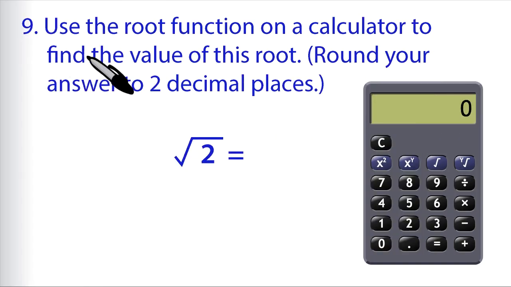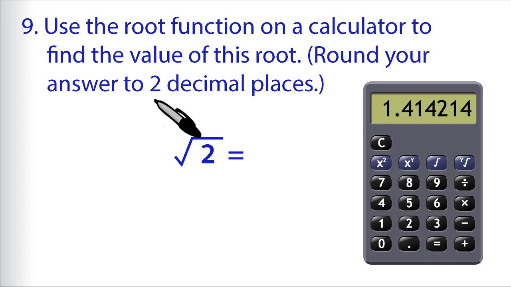For problem 9, we have use the root function on a calculator to find the value of this root. Round your answer to 2 decimal places. All right, so we need to find out the square root of 2. So first, we enter the number 2, and then we click on the square root button right here, and we have 1.414214, and the digits would go on forever if we had a big enough calculator.